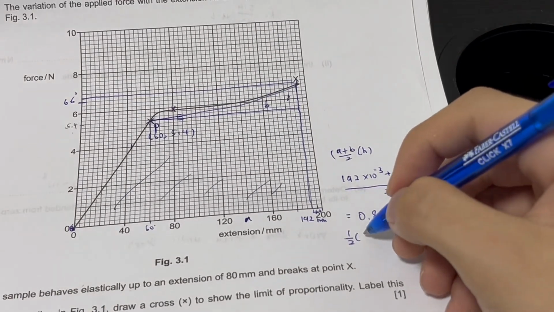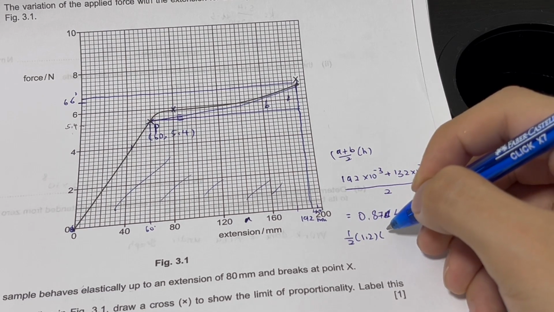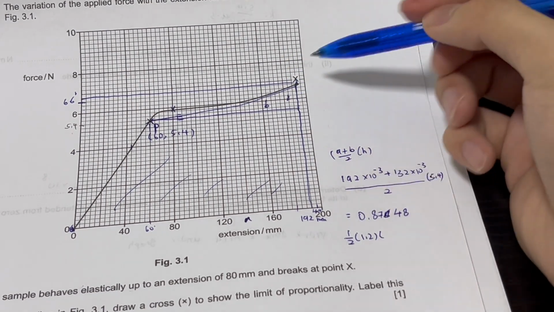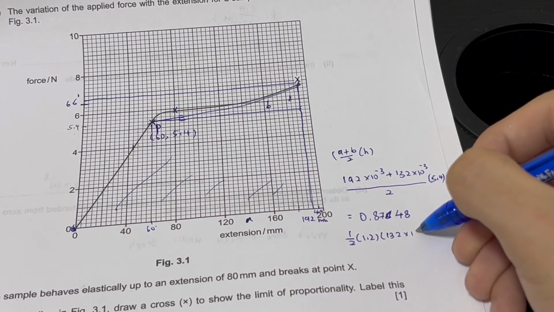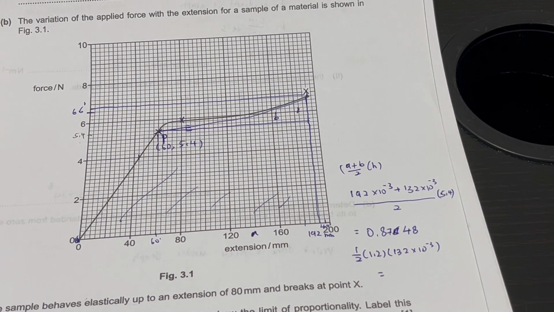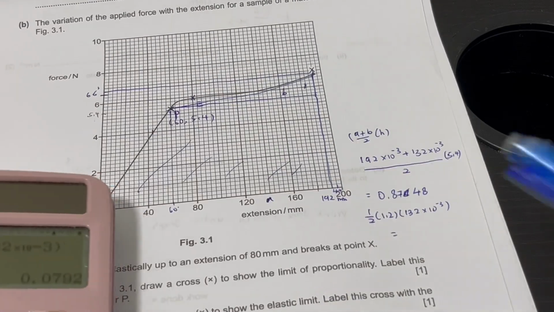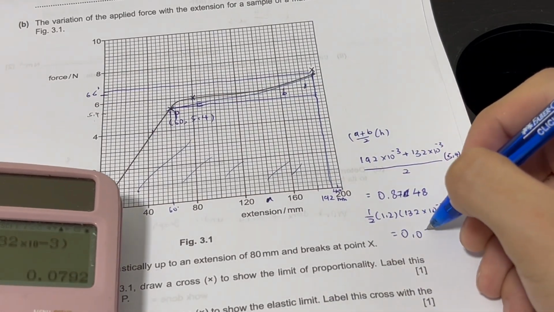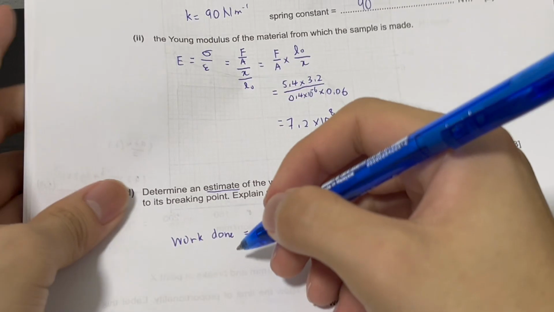One triangle area is 1/2 times base times height. Base of the triangle is we found just now. Calculator time. 0.0792. Alright.